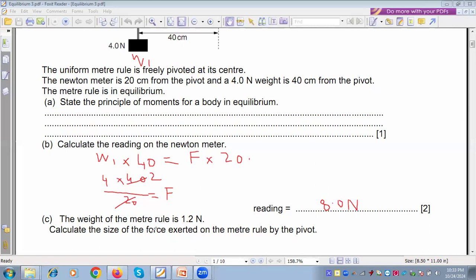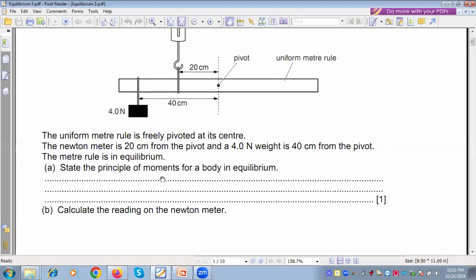Now the weight of the meter rule is 1.2 Newton. Calculate the size of the force exerted on the meter rule by the pivot. So here the weight of the meter rule is also to be considered. Let us have a look at the drawing. The weight is 1.2 Newton, and of course weight will be acting in the vertically downward direction. So this is W and this is 1.2 Newton.